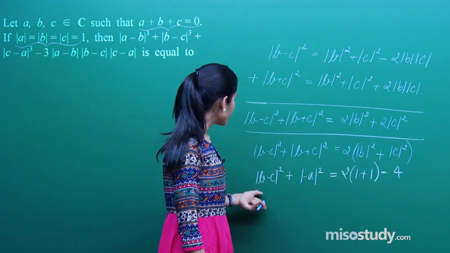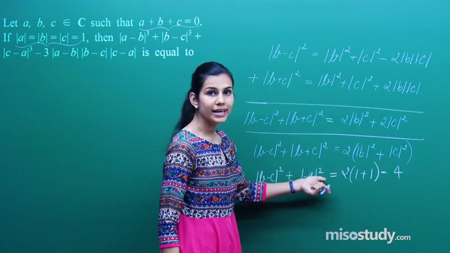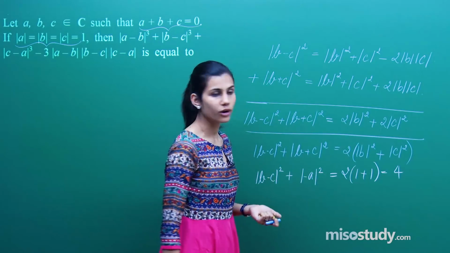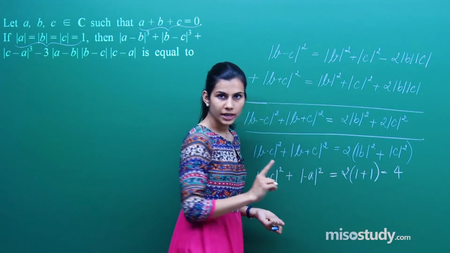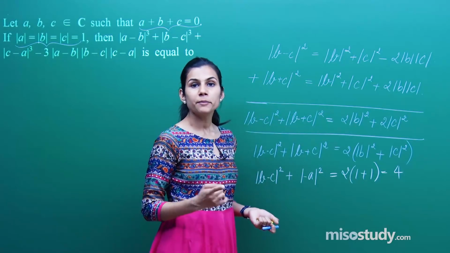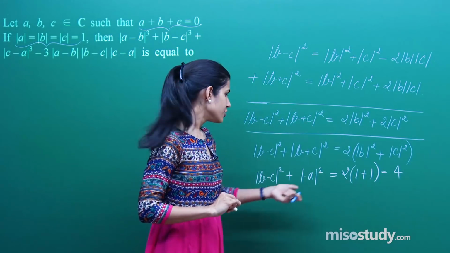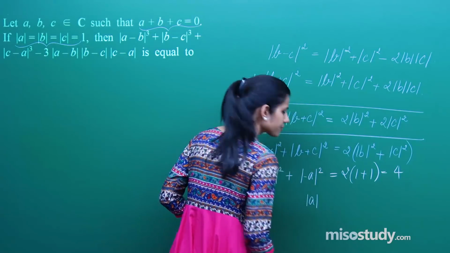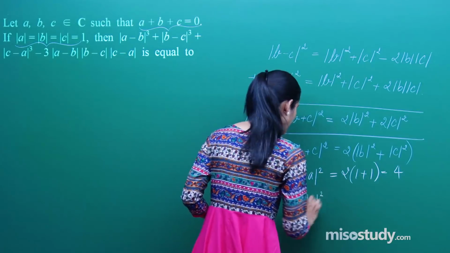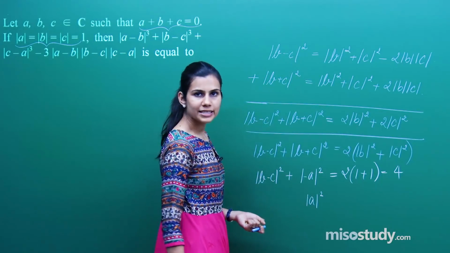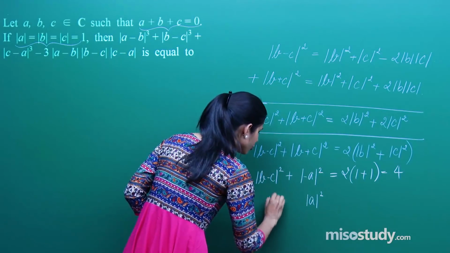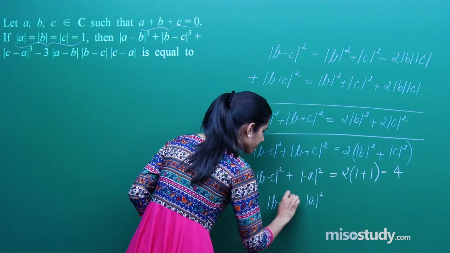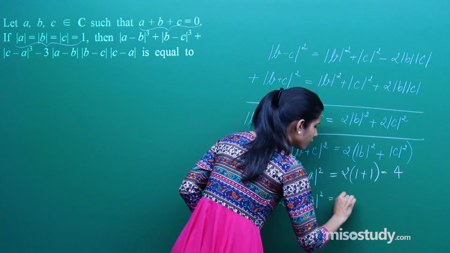So eventually you get mod of B minus C whole square plus mod of minus A whole square is equal to 4. But you know that modulus of a complex number and its negative are exactly the same. So modulus of negative of A is same as modulus of A. After treating modulus of minus A as modulus of A, you get this step. This is 4.